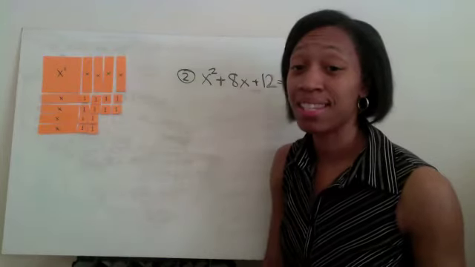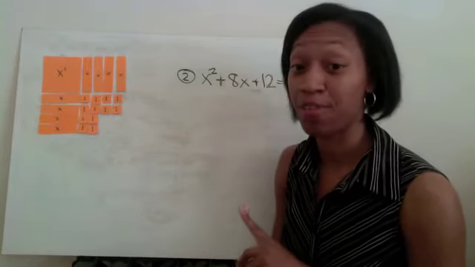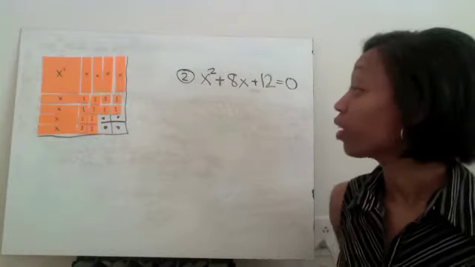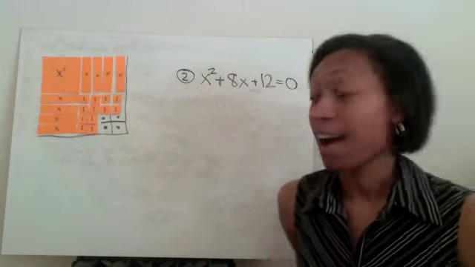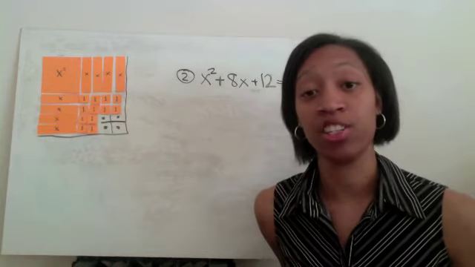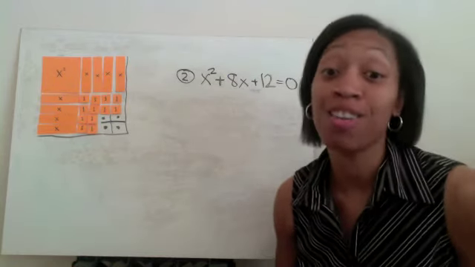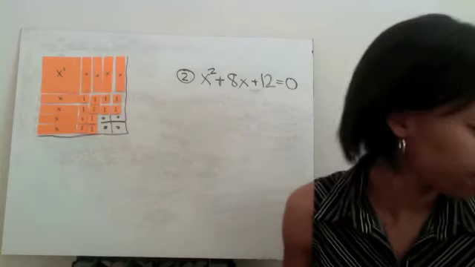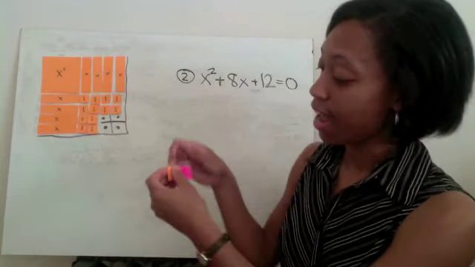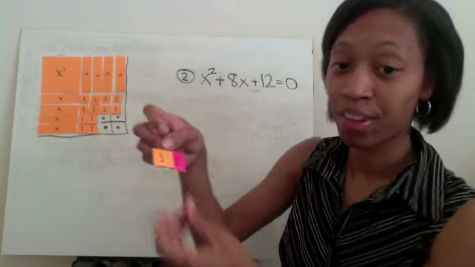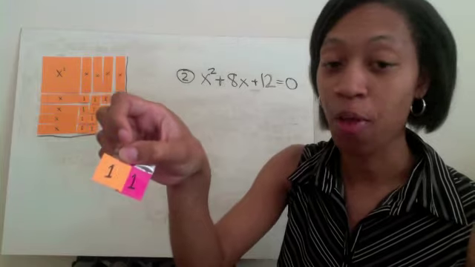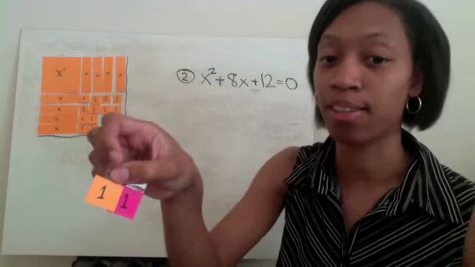Okay, and as you can see, I don't quite have enough 1's to finish off my square. How many more do I need? But here's the thing. I can't just add 4, it's an equation. In order to add 4, I also have to subtract 4. So as I add a positive 1, I also need to add a negative 1 to go with it so that they cancel out and keep my equation balanced at 0.